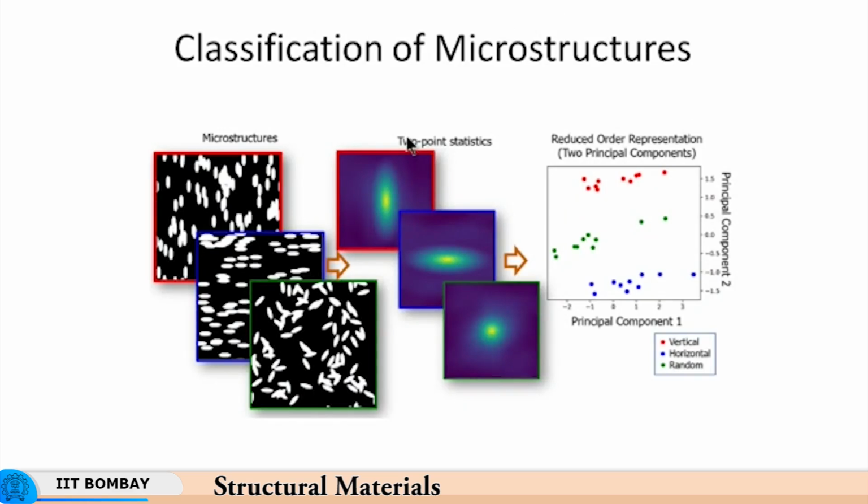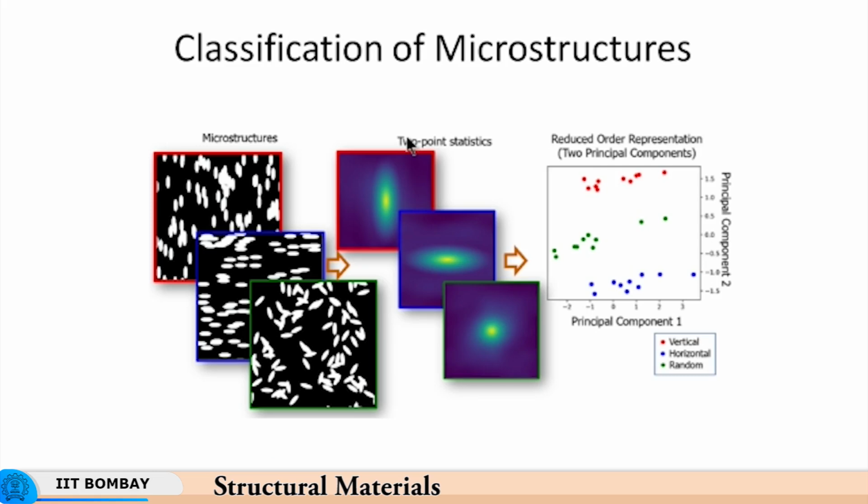So here is an illustration of classification of microstructures. So you have reduced the data into 2 principal components. So you have principal component analysis, which explains the orientation of these elliptical precipitates. So in some cases it is vertical, under certain conditions they are horizontal, a few other conditions they are randomly oriented.